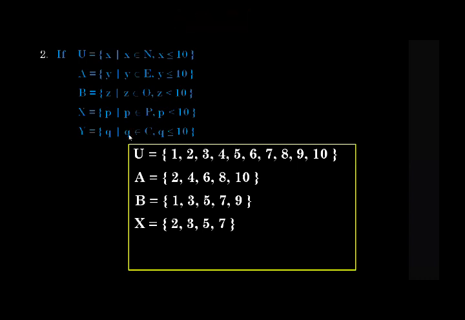Q such that Q belongs to C. This capital C represents composite numbers and Q is less than or equal to 10. So the composite numbers less than or equal to 10 are 4, 6, 8, 9 and 10.